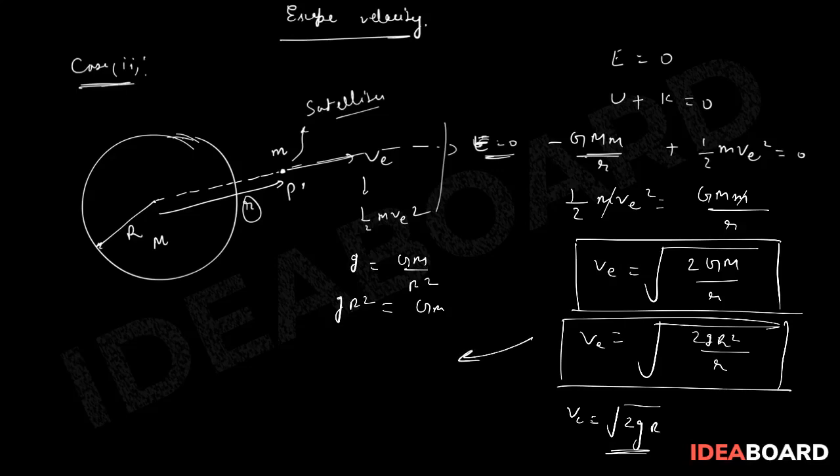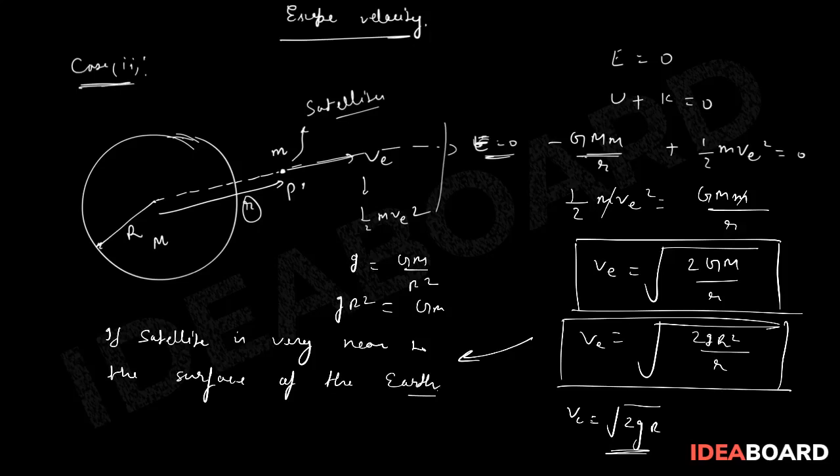Here we can have one assumption: if the satellite is very near to the surface of the earth, that means r is almost equal to R, then we can substitute V_E is equal to under root of 2gR square upon R. This is cancelled out.